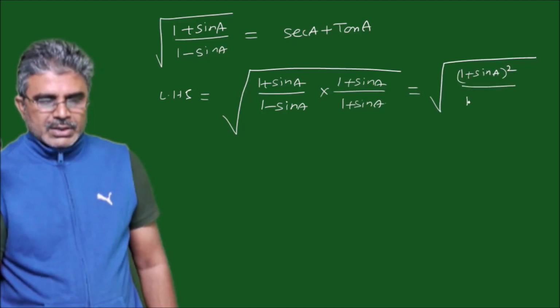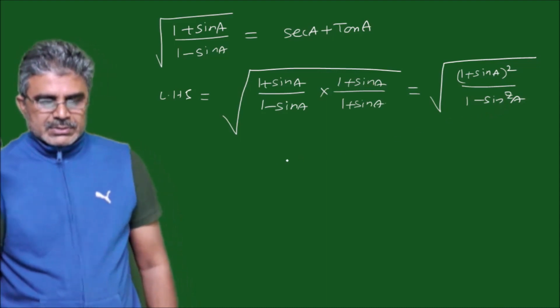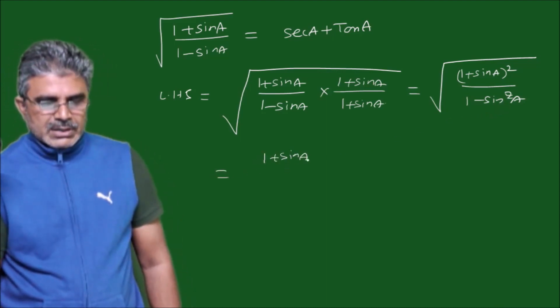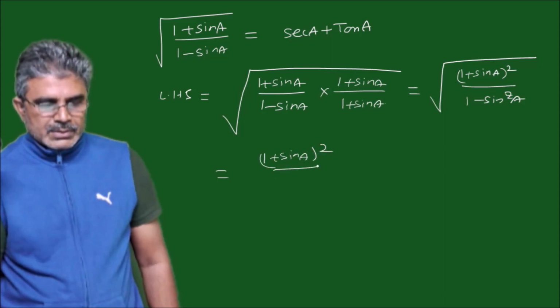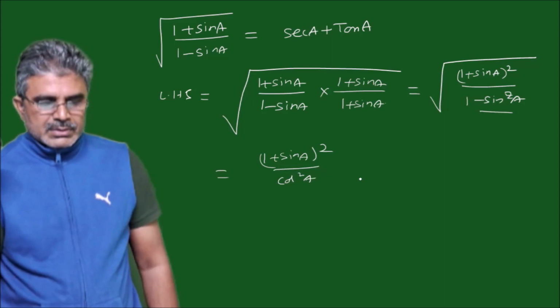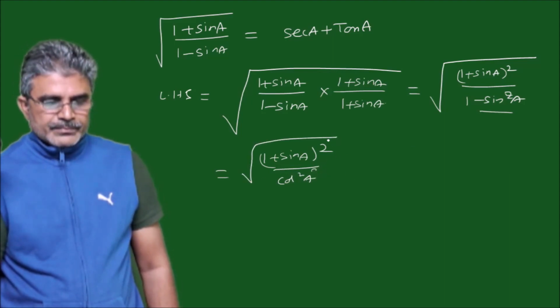and in the denominator you have 1 minus sin square A. So that is equal to 1 plus sin A whole square divided by, this can be written as cos square A, whole root.